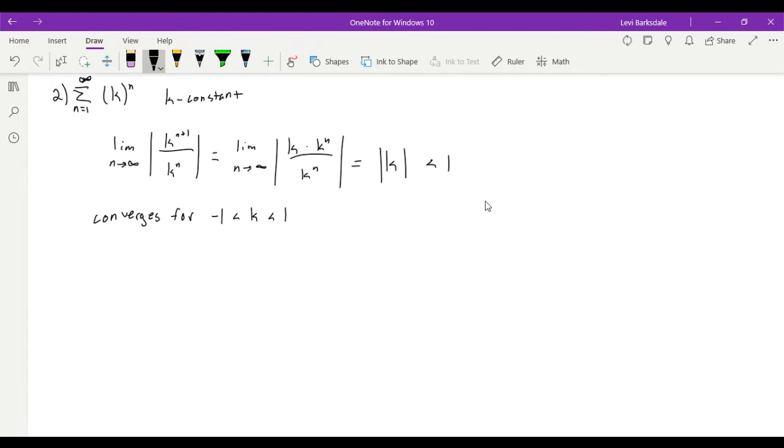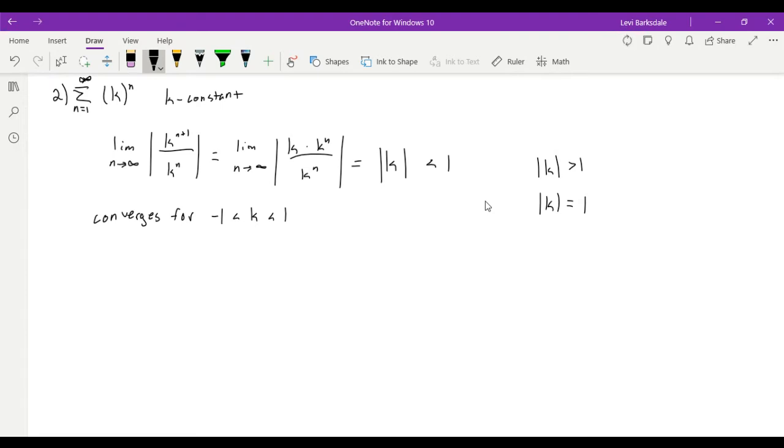If k is equal to 1, well then our ratio test is inconclusive. And if k is greater than 1, well then, of course, it diverges. But we can also say that if k is equal to 1, then the limit as n approaches infinity of 1 to the nth is, of course, just 1, so it fails the nth term test, so then it would diverge.